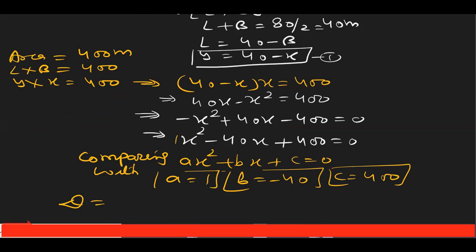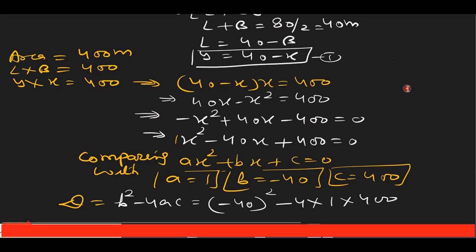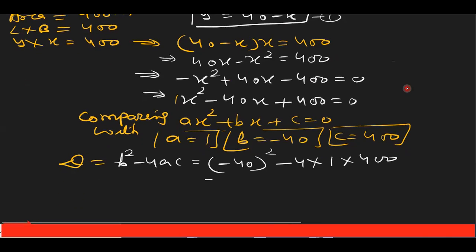Discriminant is given by b square minus 4ac, that is minus 40 whole square minus 4 into 1 into 400, that is 1600 minus 1600, that is equal to 0.